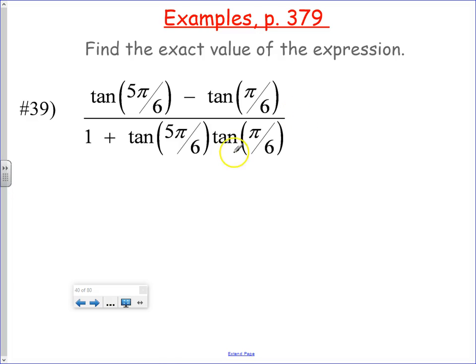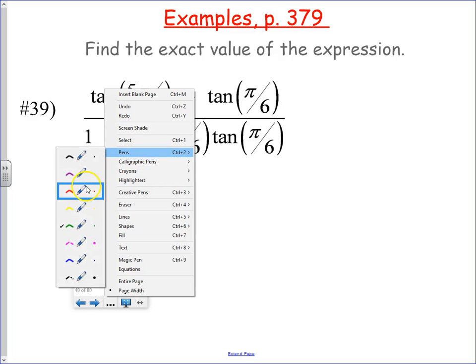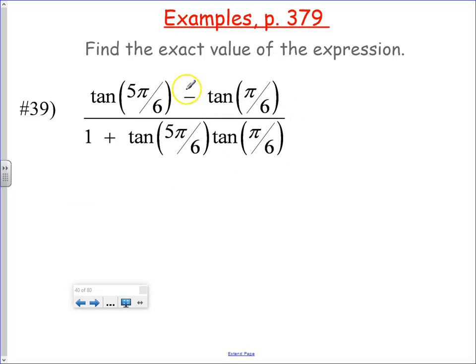Is it the sum or the difference? Difference, good, because the top stays the same. So wait, this is the exact same thing. We can go backwards with our formulas too, which is going to help us with proofs. Because if we look at this big, nasty expression and say, wait, it's just tangent of the one angle minus the other angle, the difference formula.